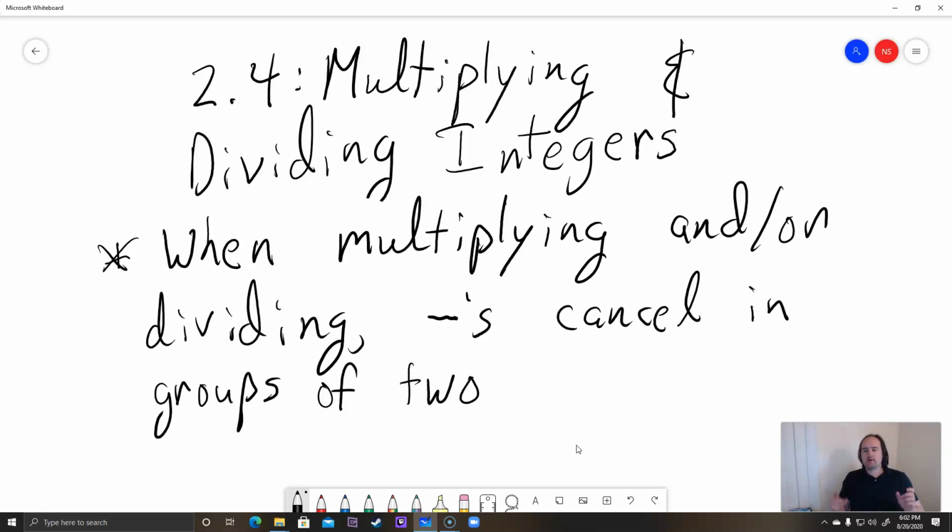Okay, that means whenever you have 2 minuses and you're multiplying or dividing, you just cross them out because they cancel out.